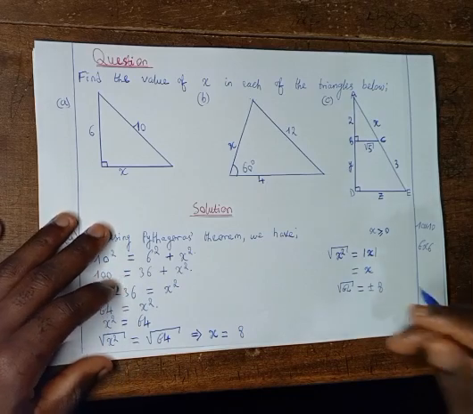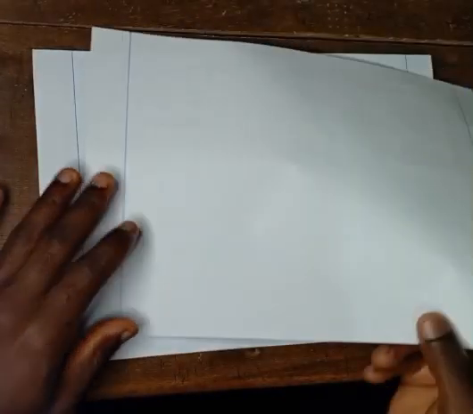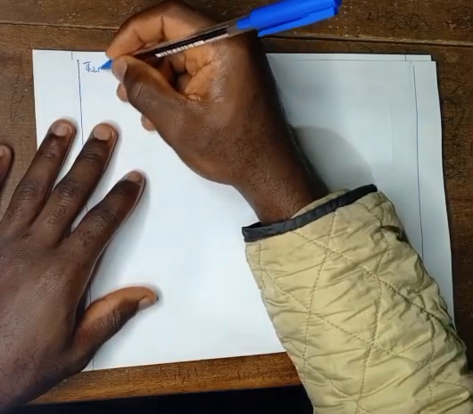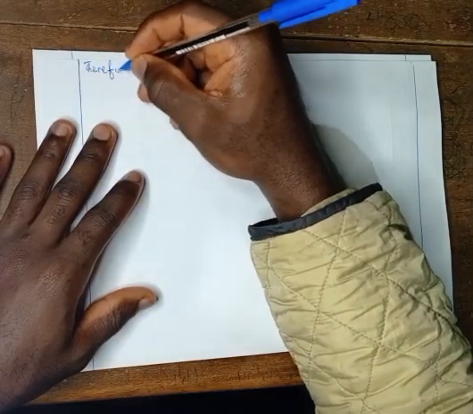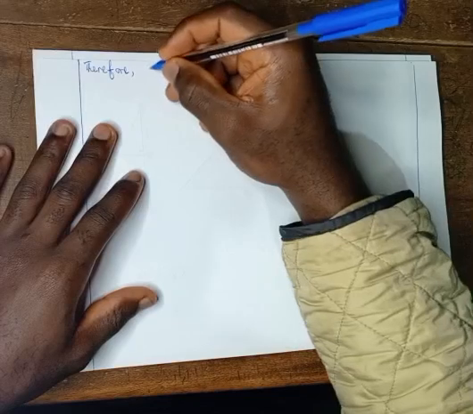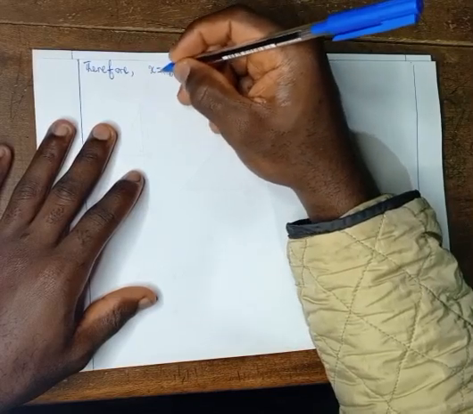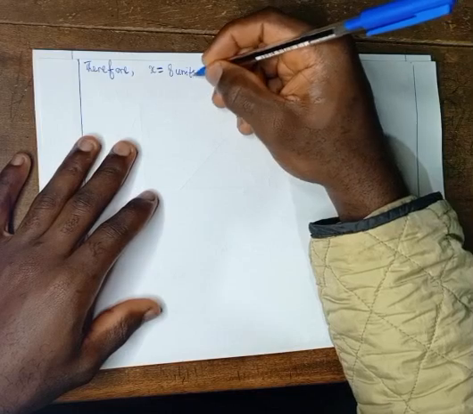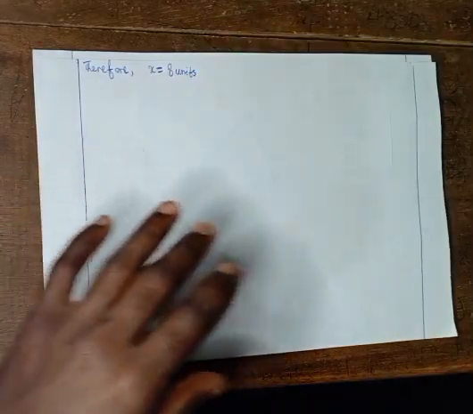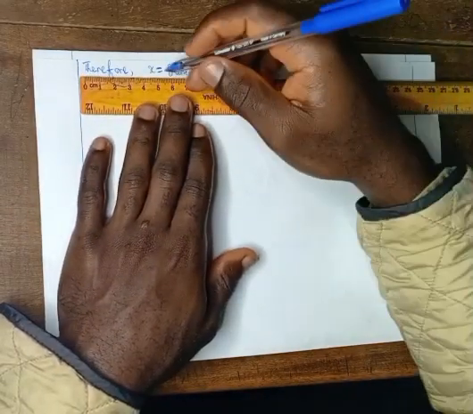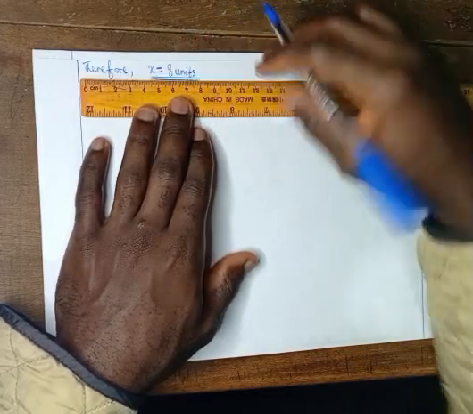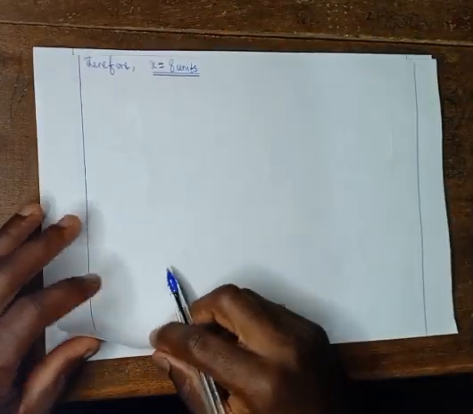Then we are going to conclude, therefore, x is equal to 8. I'll just put 8 units. That means it can be 8 centimeters, it can be 8 meters, it can be 8 kilometers, it can be 8 decimeters. This distance.